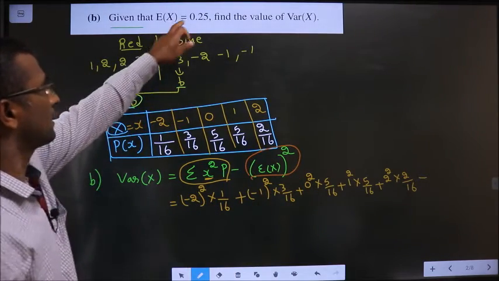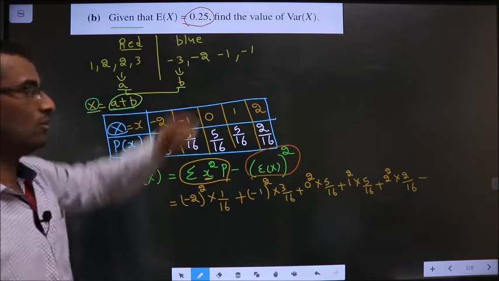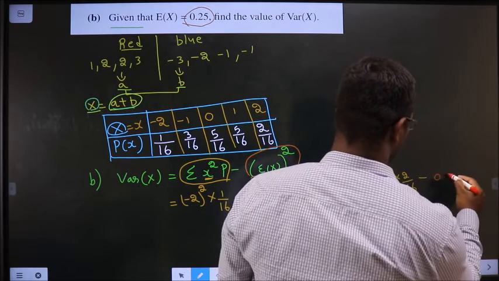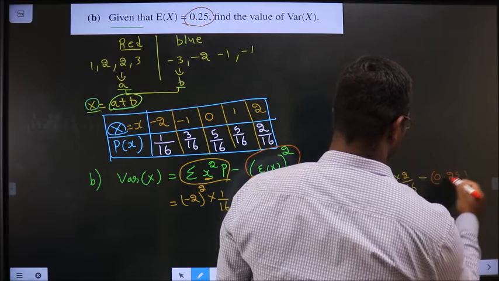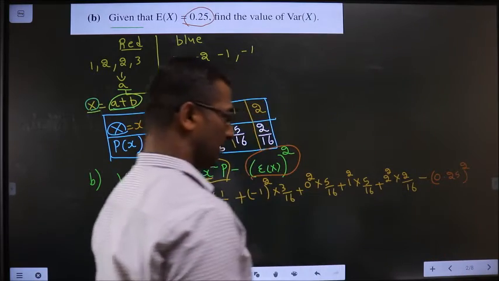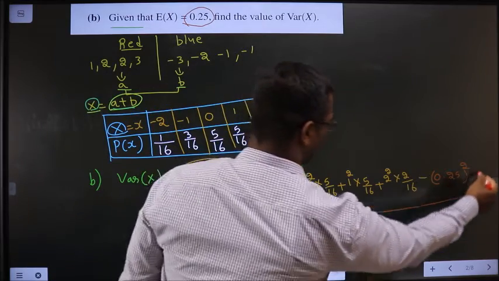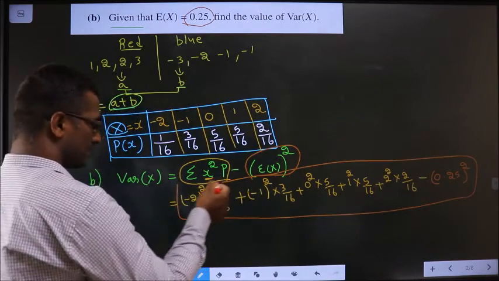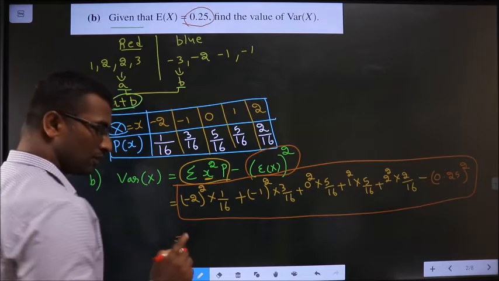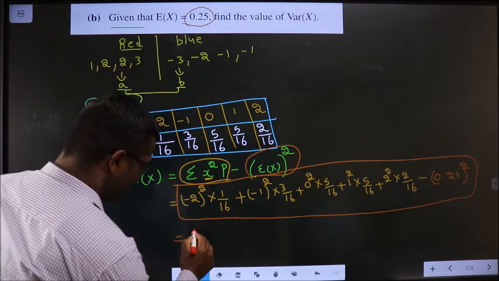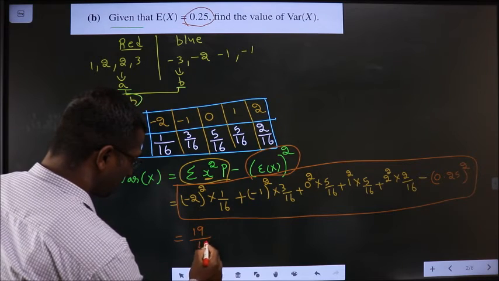So expectation given to us is 0.25. So minus 0.25 square. Okay. Now put this entire thing properly at once in the calculator. You get the answer to be 19 by 16. Okay.